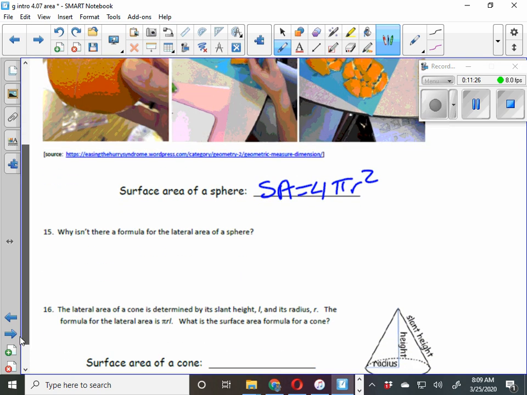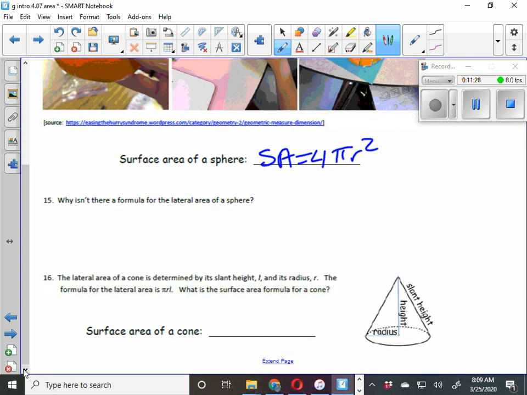And then lastly, the surface area of a cone is a little bit interesting. Notice again that they're introducing this thing called a slant height. You've got a radius and you've got the height that goes right to the middle of that circle there. This thing, interestingly enough, is a formula you're just going to have to again write down.